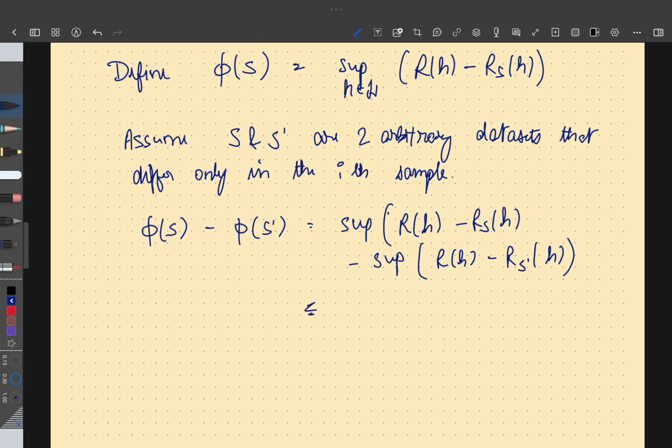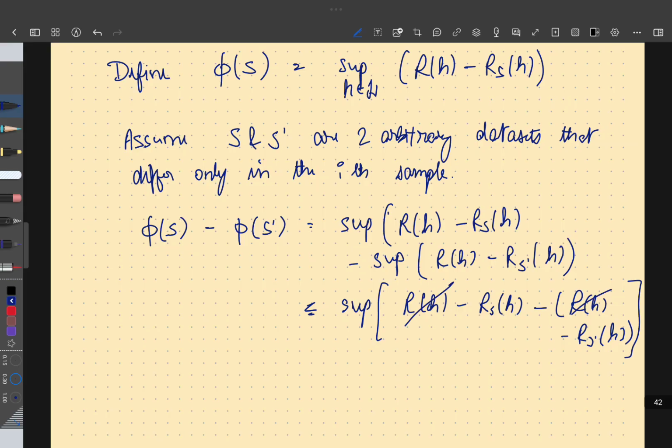So this is less than or equal to, since the maximum of A minus the maximum of B is less than or equal to the maximum of A minus B, the supremum of the difference. So the supremum of R of H minus Rs of H minus R of H minus Rs prime of H.